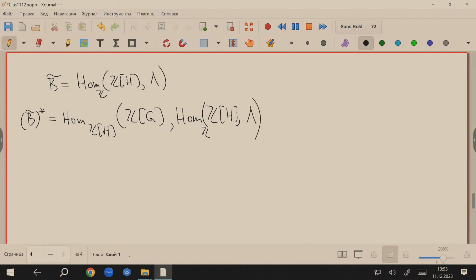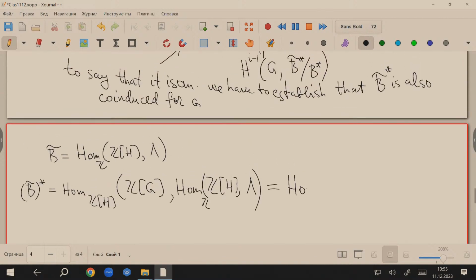And this is nothing but just hom from ZG to lambda. So the shift is consistent with this kind of thing.